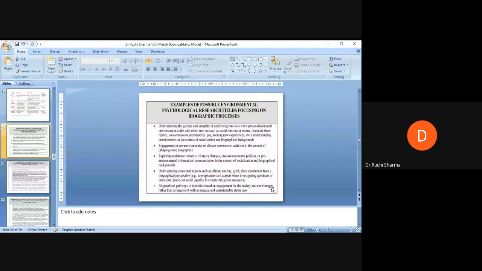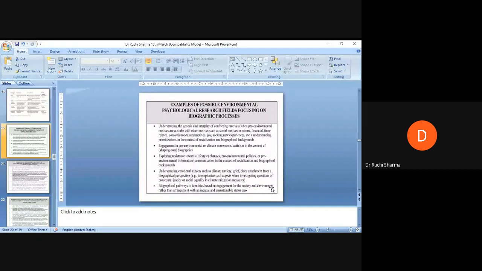For example, if we are talking about climate mitigation measures, and we are telling people that you need to use the materials, or you have to follow the conservation approaches, then they should be able to relate it to their own life.